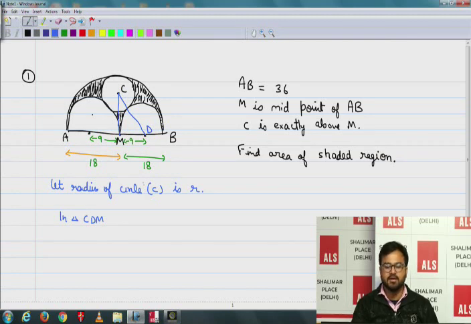So CMD is a right triangle and angle M over here is 90 degrees.